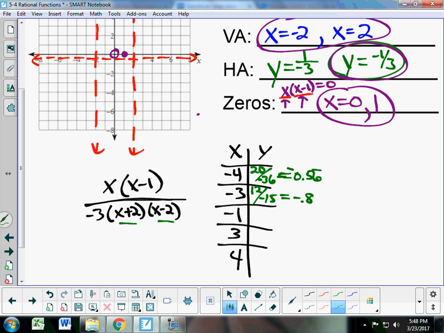All right, if we plug in -1, we're going to get -1 times -2 is going to be a +2 on top. And on the bottom, we're going to have -3 times 1 times another -3. That'd be 9. So that equals 0.2 repeating, or just about 0.2. All right, on the other side, let's see, 3 times 2, that's 6.